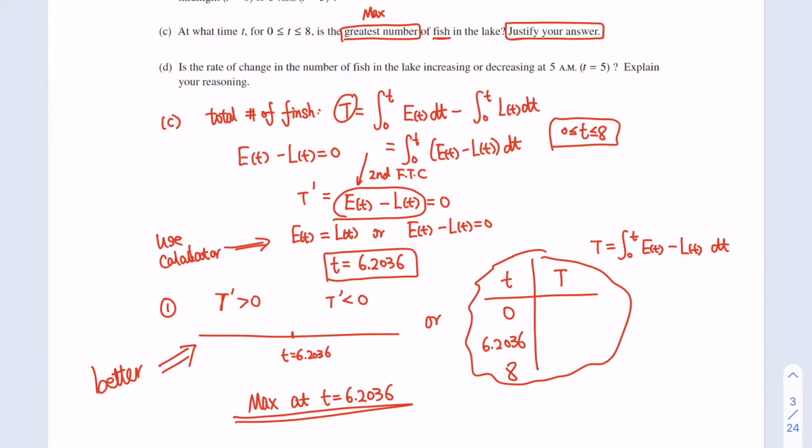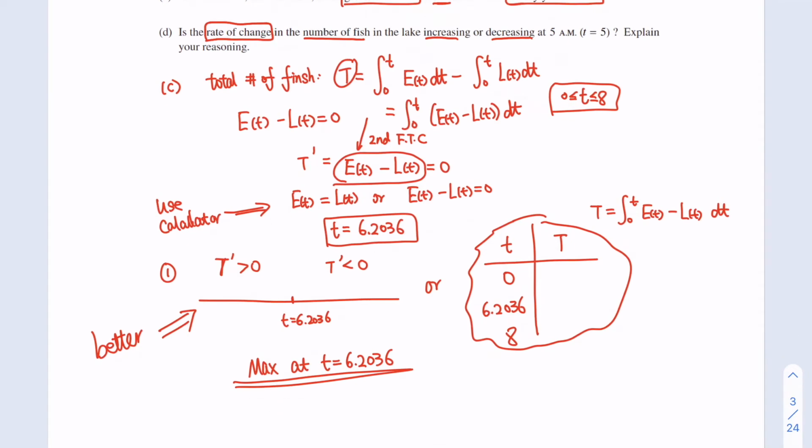So is the rate of change in the number of fish in the lake increasing or decreasing? So basically what we learned before, how do you check given any function increasing or decreasing? We need to find the derivative of that function at that point.